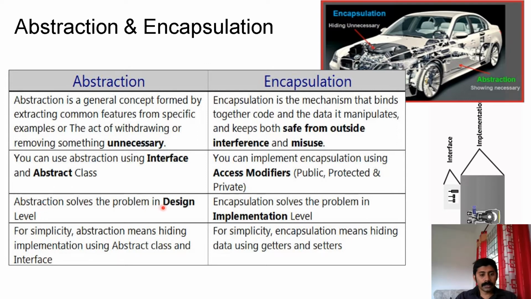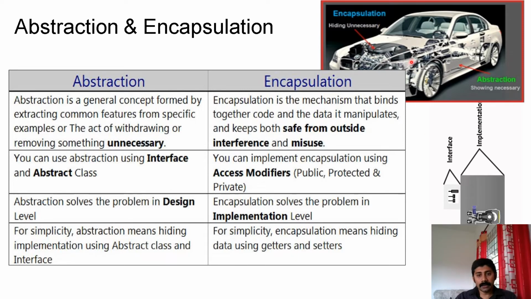Abstraction solves the problem at design level. Encapsulation solves the problem at implementation level. For simplicity, abstraction means hiding implementation using abstract classes and interfaces. For simplicity, encapsulation means hiding data using access specifiers. Okay, one is securing the data by means of access specifiers, that is encapsulation. Abstraction is the design level action where you are deciding the features to be exposed to the outside world.